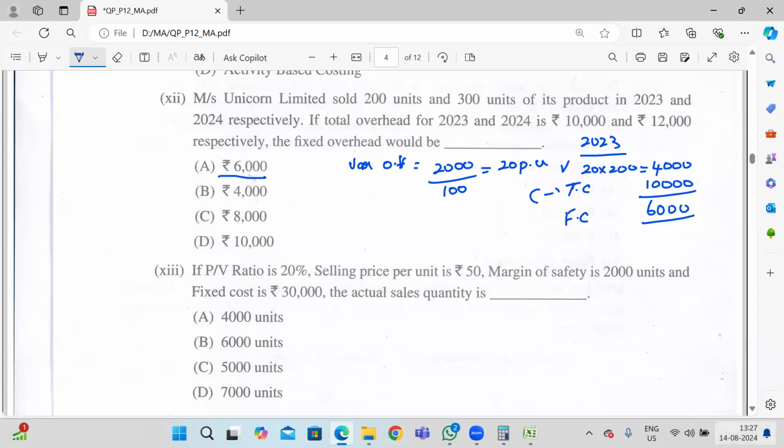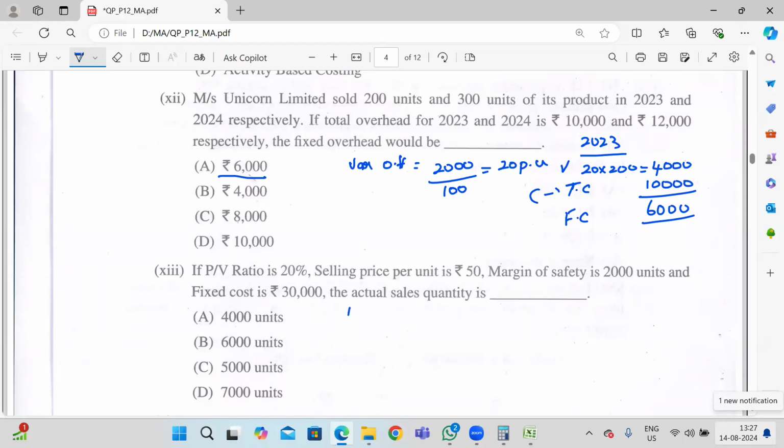So if PV ratio is 20%, selling price per unit is 50, margin of safety is 2,000 units and fixed cost is 30,000, the actual sales quantity is, so they have asked for actual sales quantity. So they have given margin of safety, fixed cost, everything. So let me calculate the break-even point.